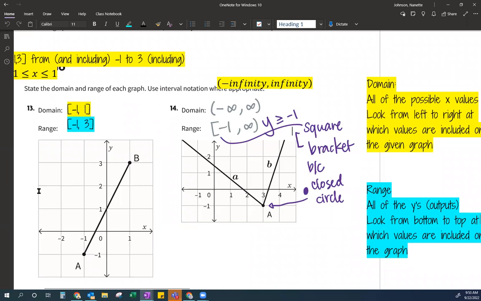Domain means X values, look from left to right. Range means look from bottom to top. And then make sure that you get your numbers right here because I flip-flop those and I flip-flop X and Y as well. If you flip-flop these numbers, I still see your understanding. If you flip-flop this and put an X here, I still see your understanding. But you're just losing like a point, maybe even half a point or something like that. Okay.